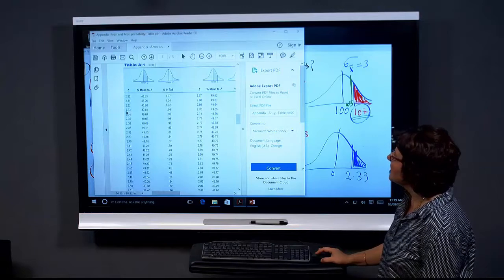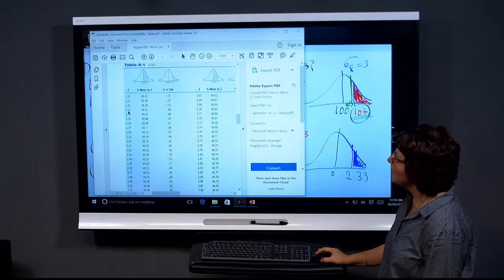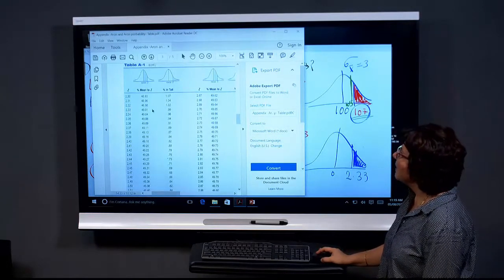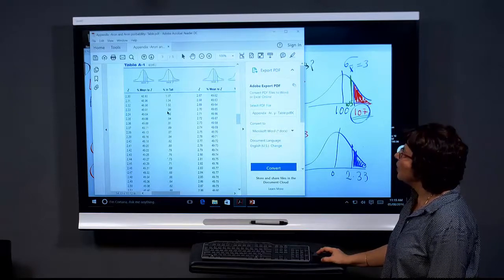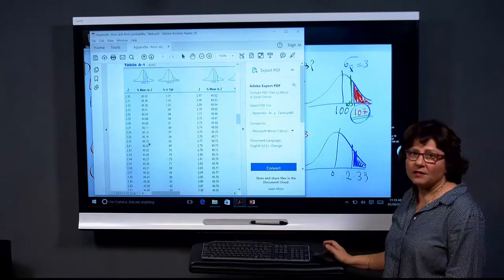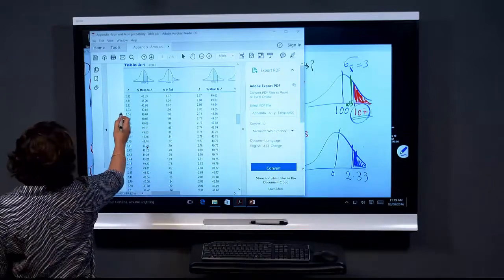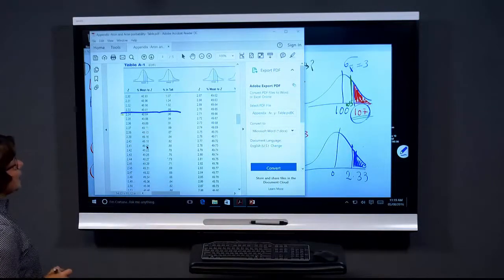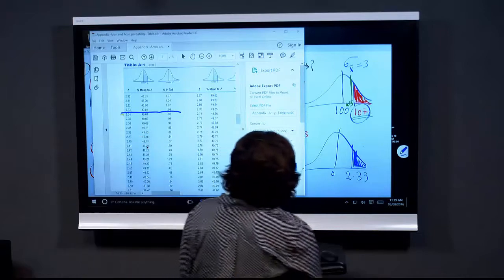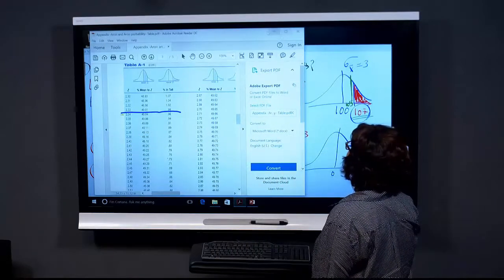Now the Z score of 2.33 is in here, and the percent in the tail is 0.99, not even 1%. So it is 0.99%.